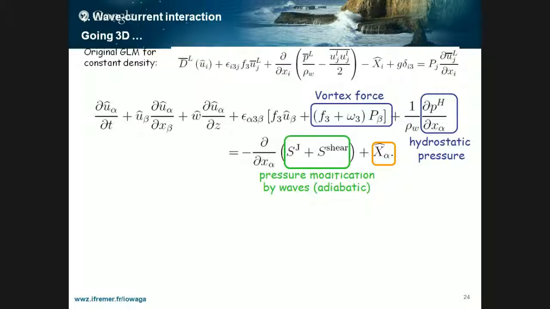This guy here is going to be a 3D vector. To compute this one, what we did initially is to output the spectral distribution of the Stokes drift, so that if you know the levels of your 3D model, you can recompute the profile of the Stokes drift on each level. If you don't want to go through this crazy business, you can use an approximation from a colleague, Øyvind Breivik, who has been working on this at ECMWF. He came up with a parameterization of the profile from the surface Stokes drift and the Stokes drift transport.